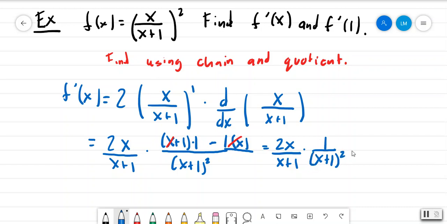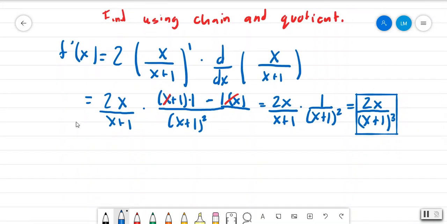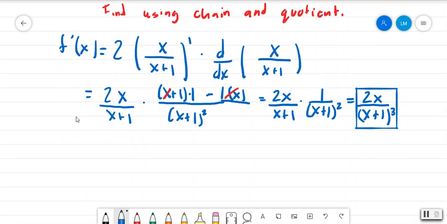So rewriting this, you get 2x divided by x plus 1, but to the third power. So this is what we get for the derivative of our function f of x. Now, we still need to evaluate at 1.